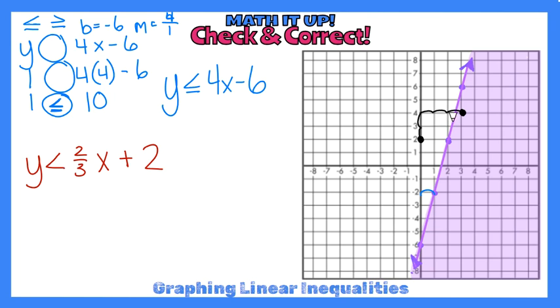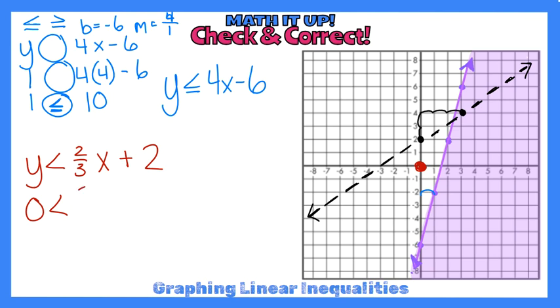So I'm going to freehand this dashed line. Again, you should be using a ruler so that your work is accurate and precise. And there's my line. Now I'm going to use my test point to figure out which side of this dashed line contains my solution. So I'm going to use the origin because it's easy. The line isn't right on top of it, so it's a good point, nice and easy to use.